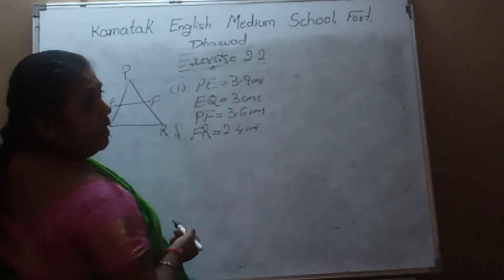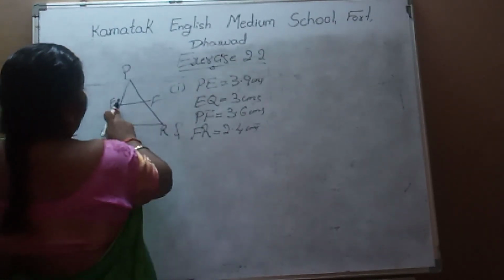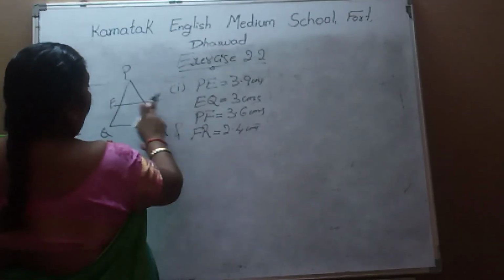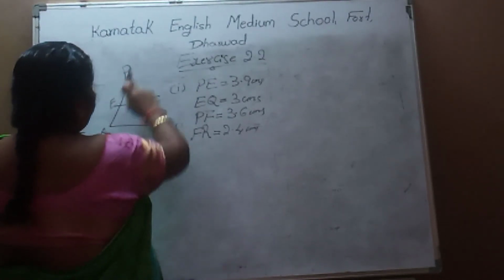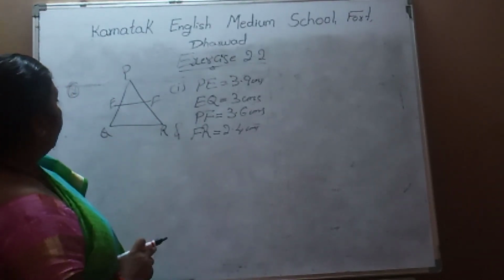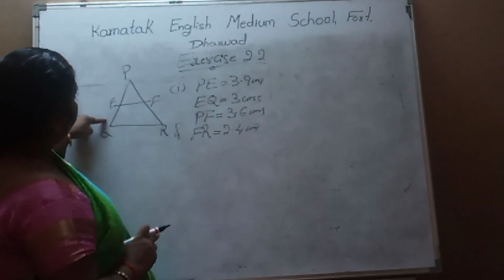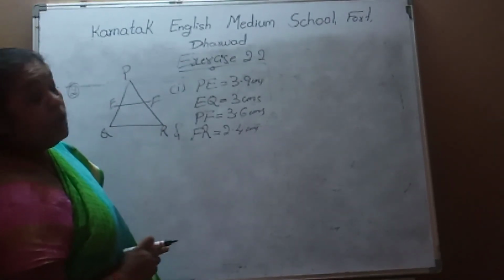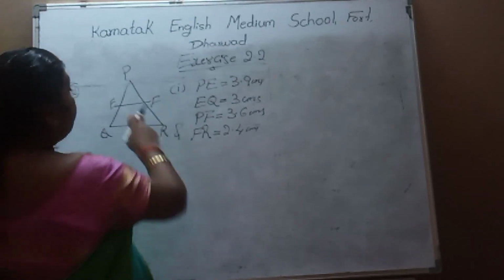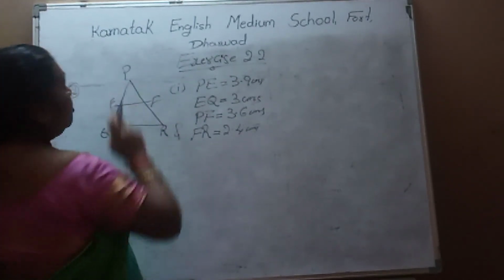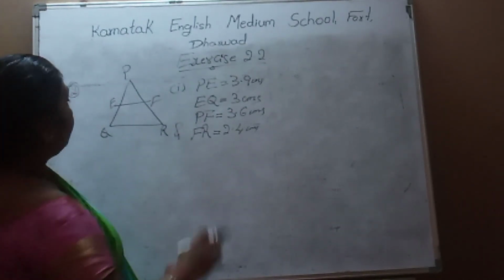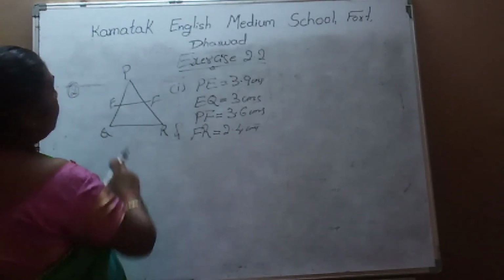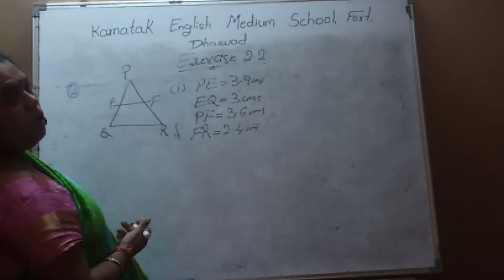E and F are points on a straight line that intersects PQ at E and PR at F. You check whether this line EF is parallel to QR.